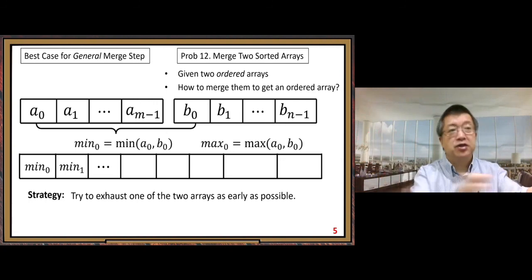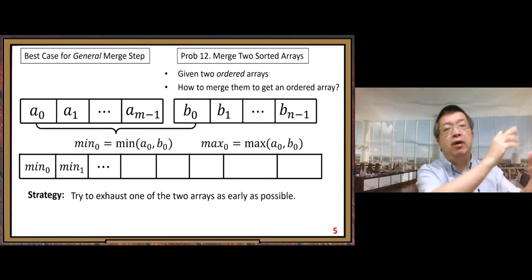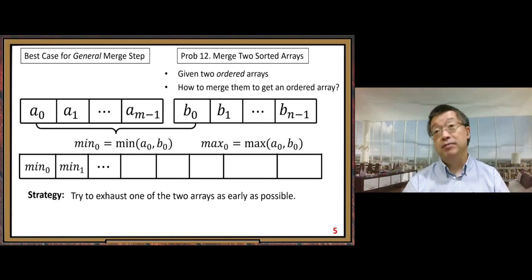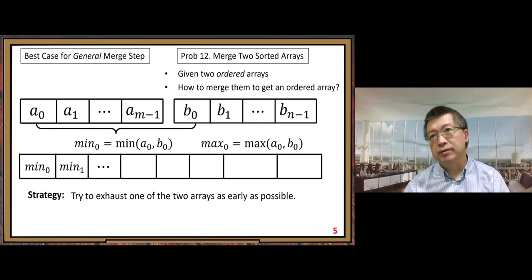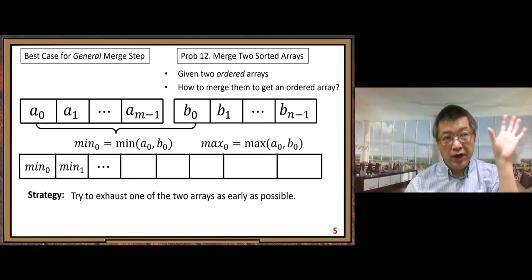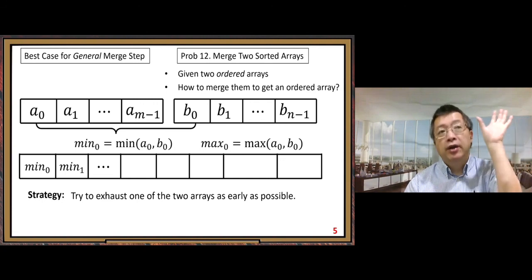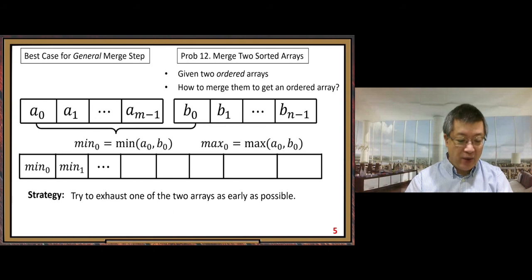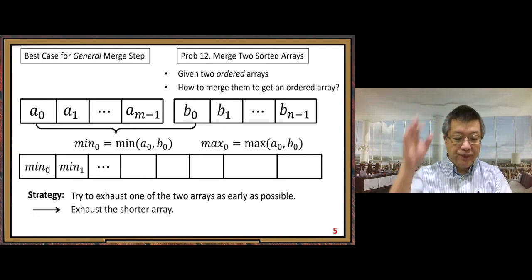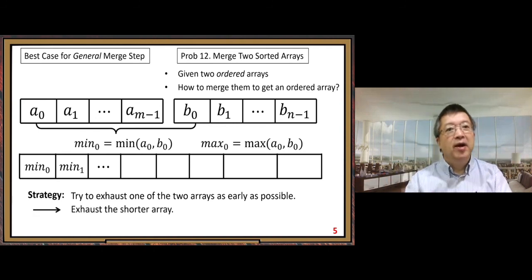We exhaust the smaller subarray. That's the best case we can have. Exhaust the shorter one. We have two, so we try to exhaust the shorter one. Now we can get our best case efficiency.